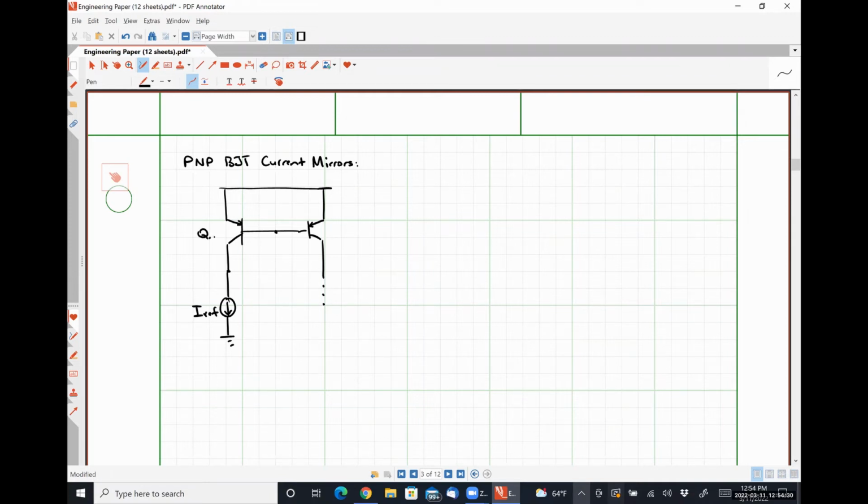Where this guy here is Qref, this guy is Q1, and this current flowing down like so is I copy, and I forgot to connect my feedback. And then obviously this guy right here is DCC. But in most instances, this reference current IREF here is supplied by an NPN current mirror.